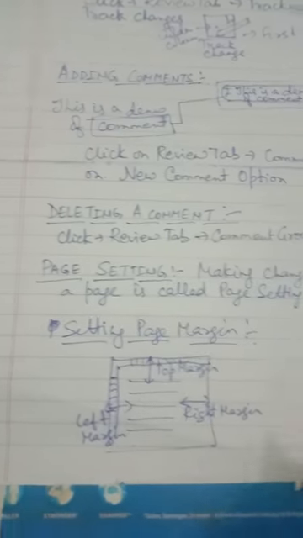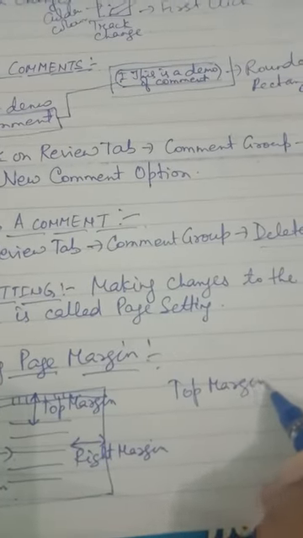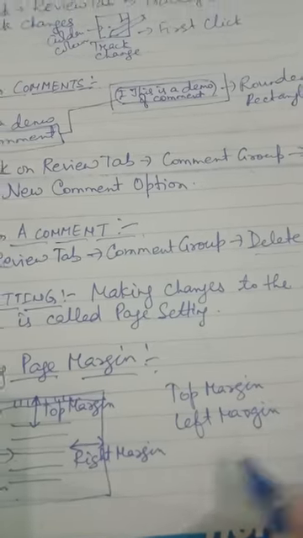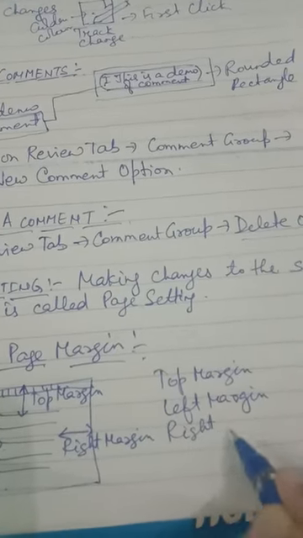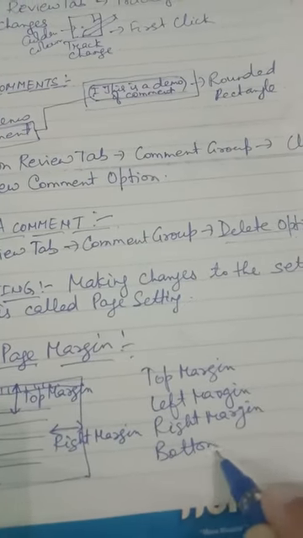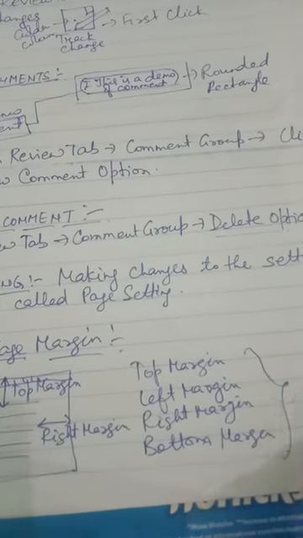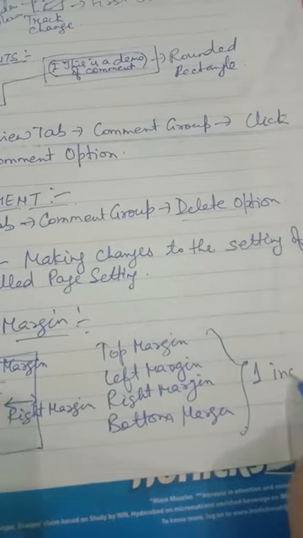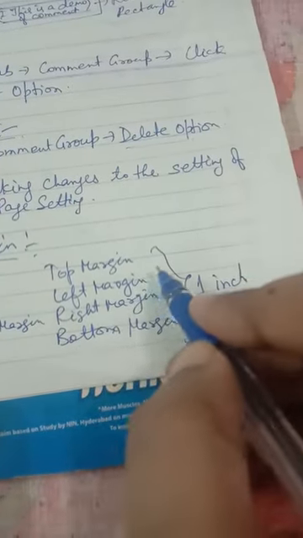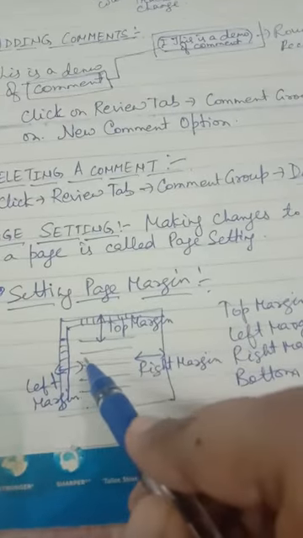So by default the top margin, left margin, right margin and bottom margin, these are the 4 different margins, are set by MS Word to 1 inch from the edge of the page.